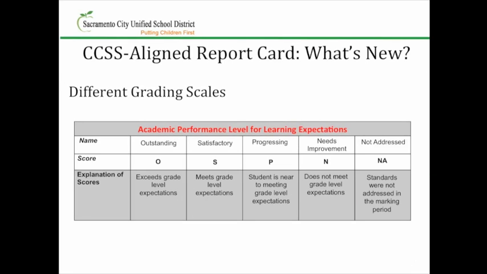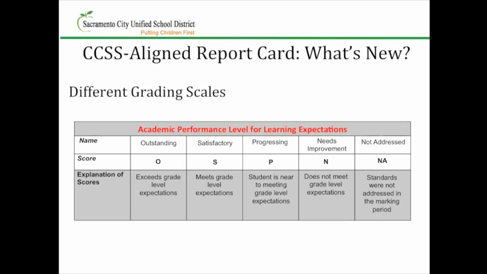This scale, Academic Performance Level for Learning Expectations, is used to show how students are progressing on specific subskills and standards for each area receiving a numeric mark. These marks provide greater detail on the areas of strength and challenges.